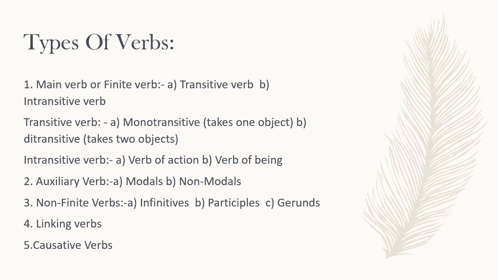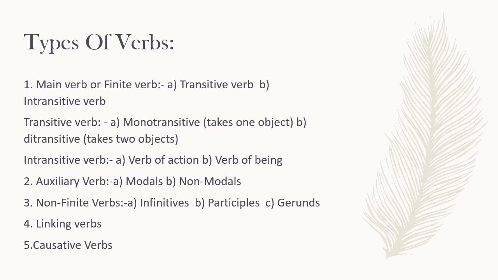Transitive verbs are of two kinds and they are monotransitive, the verb that takes one object, and ditransitive, the verb that takes two objects. Then comes intransitive verbs. Intransitive verbs are classified into two kinds and they are verb of action and verb of being. We are going to discuss it today.